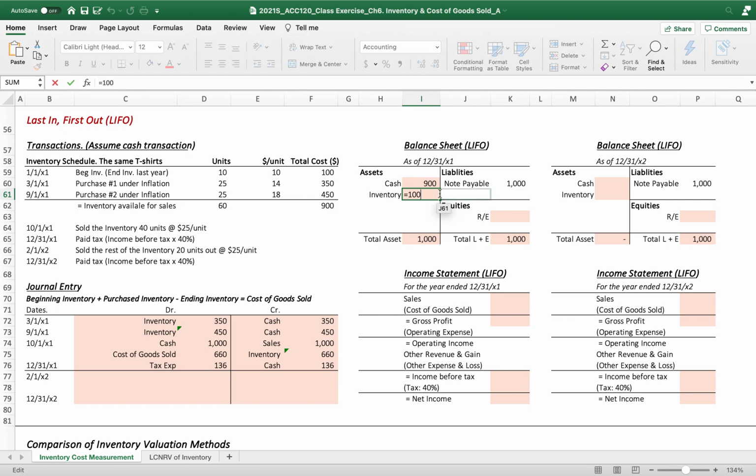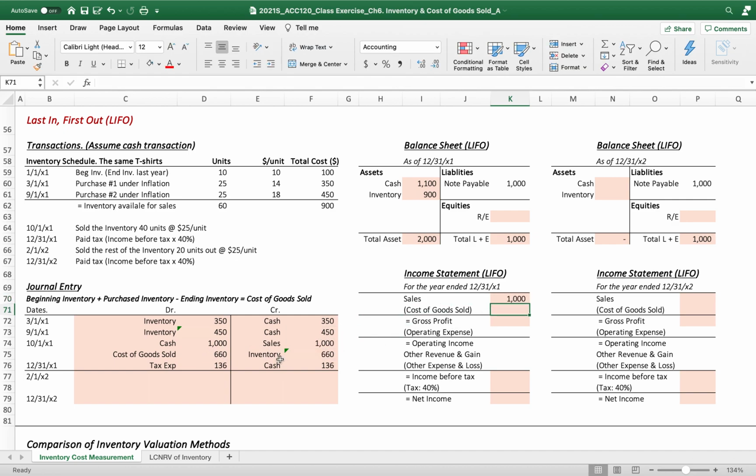Then let's report this transaction journal entry into the balance sheet of the first year. Inventory, now we increased when they purchased, and then cash out. Then we add more inventory on the second purchase, and the cash out by 450, and then cash up 1,000 when we made the sales, 1,000.